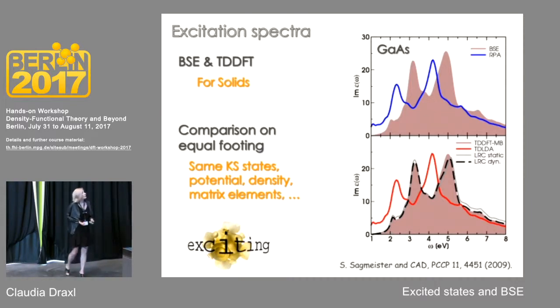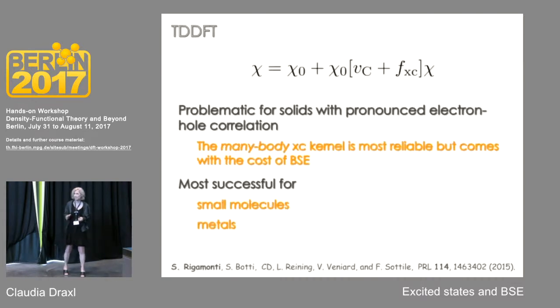Now, also it looks good for this material. I have to warn you somehow to use TD-DFT for band gap systems for solids, because, as I said, first of all, there's a drawback that it doesn't open the gap, and second, if the electron-hole interaction is strong, you cannot get everything at the same time.